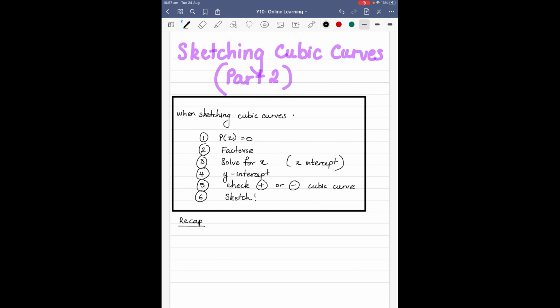A positive cubic curve looks something like this. So you start from the bottom in life, something happens, and you end up at the top. So start from the bottom, and now you're at the top. This is a positive cubic curve.